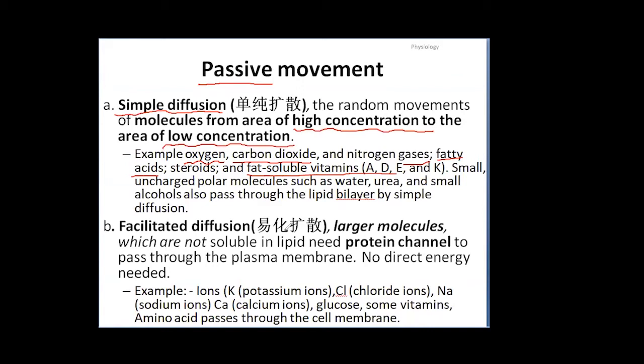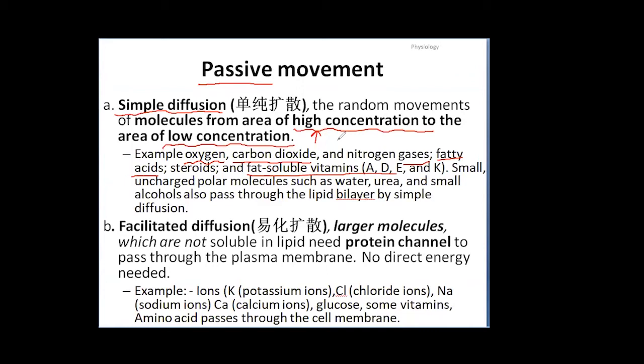So basically these are some small things, going from the high concentrated part to the low concentrated part, pretty similar to water flowing from an upper part to a lower part.